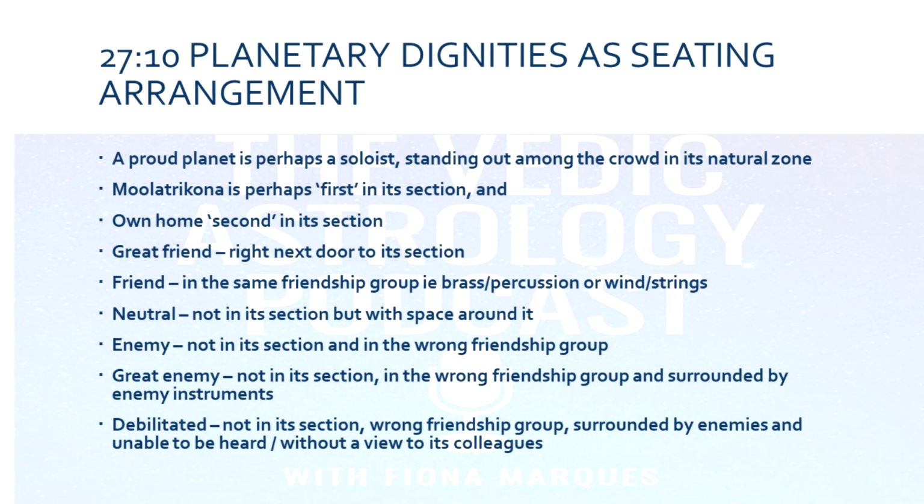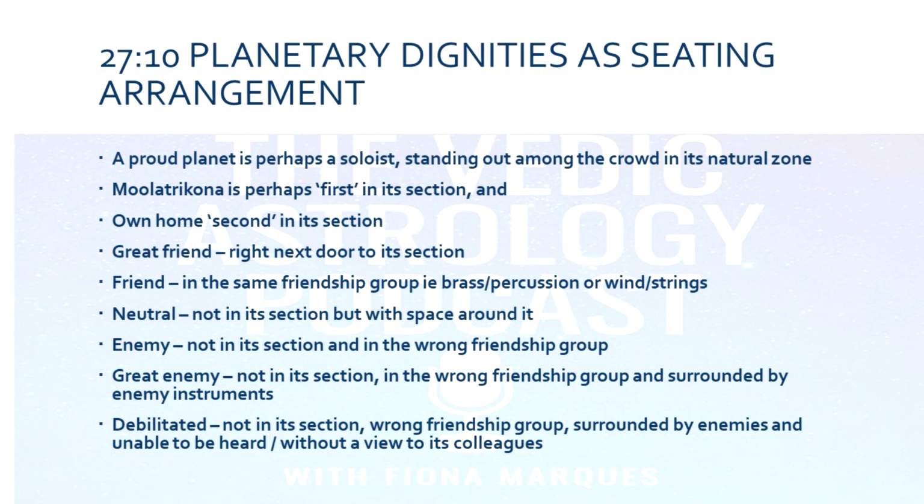Whereas enemy would be, not only is it not in its section, but it's in the wrong friendship group. You know, we've got our violin stuck out there in the percussion section or something. And then great enemy is something like, not only is it not in its section, it's also in the wrong friendship group, but it's really surrounded, like packed with those enemy instruments.